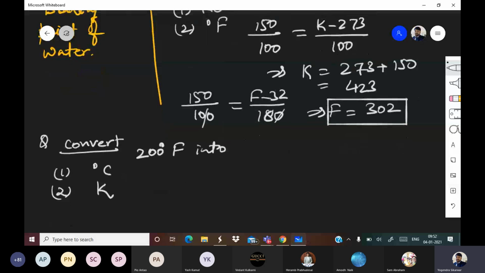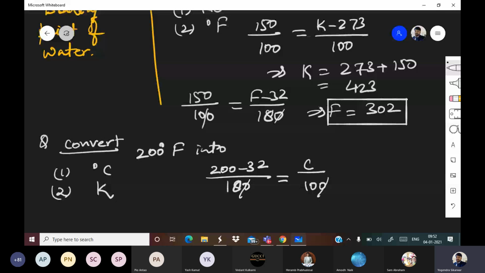Okay, in this case, pay attention everyone. (200 minus 32) upon 180 should be equal to C upon 100. When you cancel this, you are going to get C equal to 93.33.